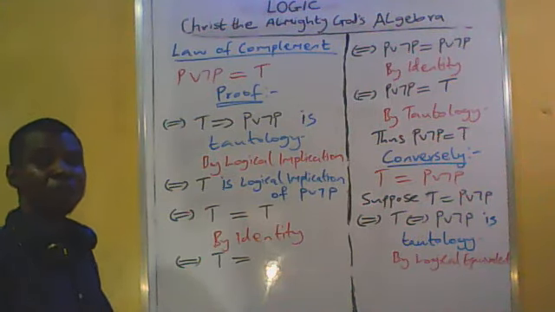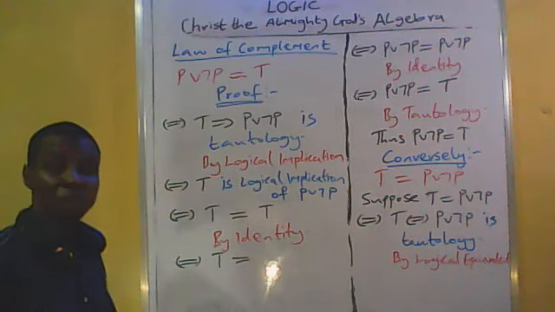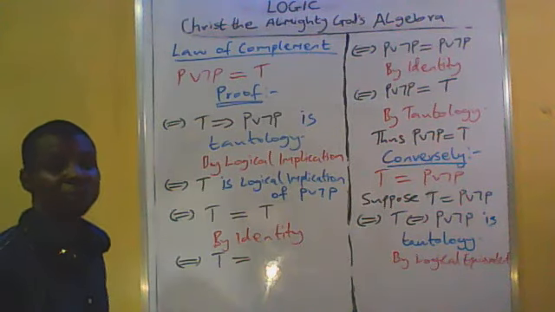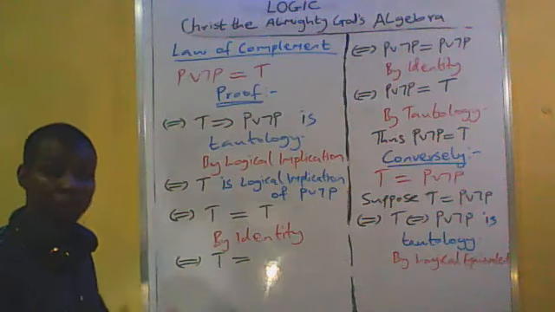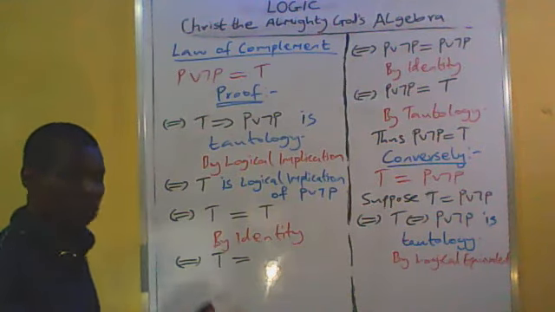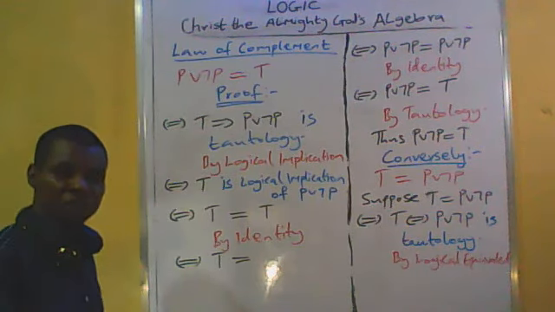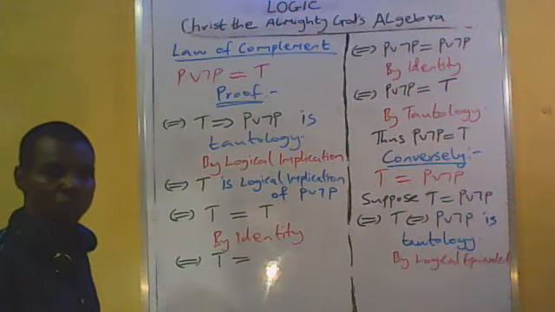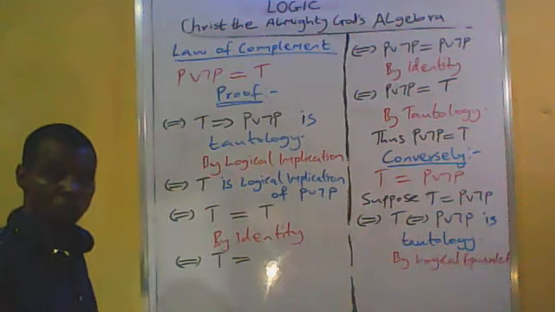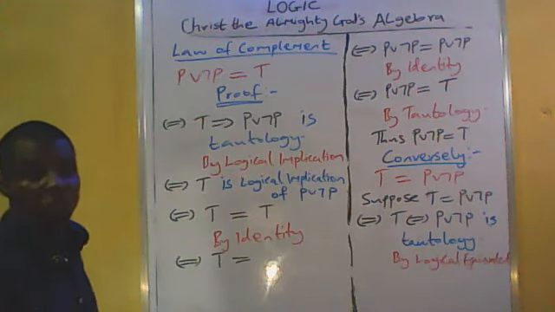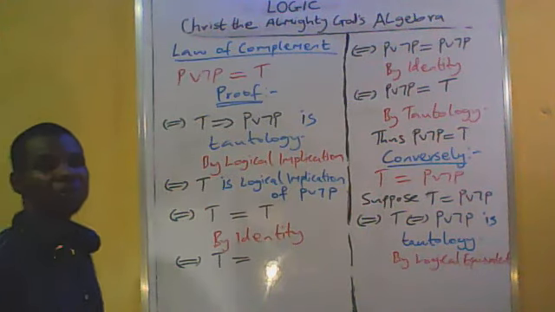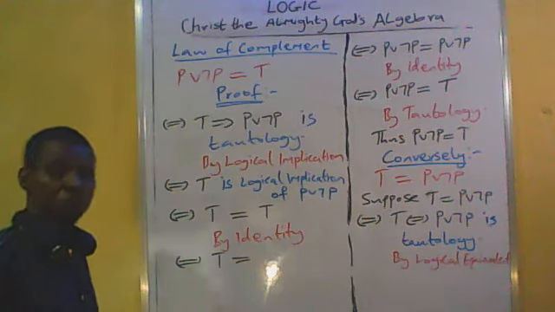That means P or not P is the law of excluded middle. When you apply the law of excluded middle, P or not P, it will give us T, and give us tautology throughout. Truth throughout means that it is the constant T, which is equal to truth.